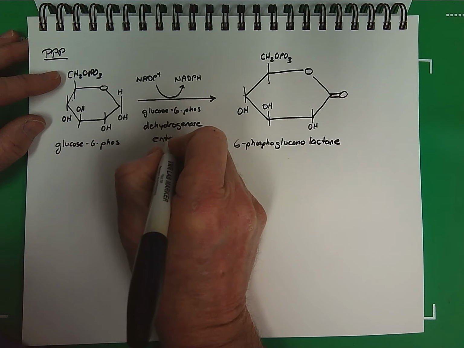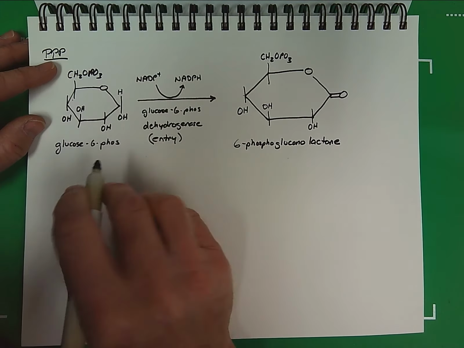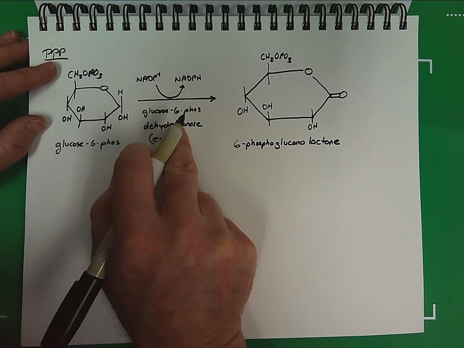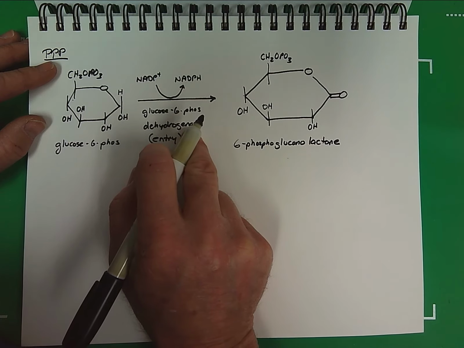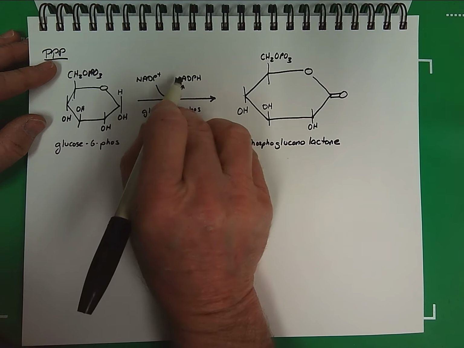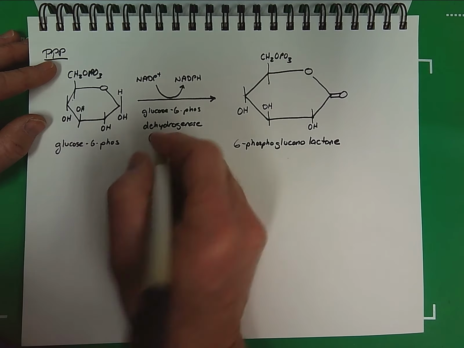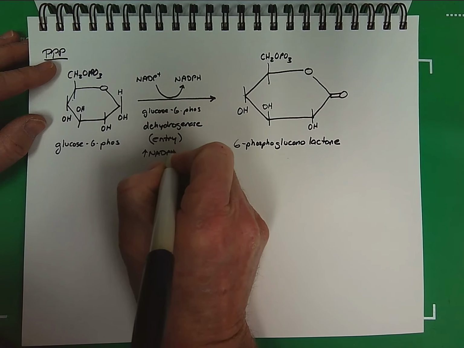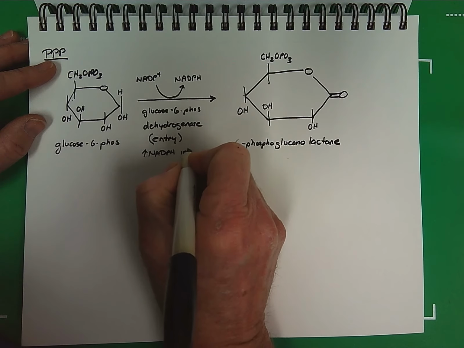So this is the entry step into the pentose phosphate pathway. This enzyme, glucose 6-phosphate dehydrogenase, is the regulated enzyme to control entry into this pathway, and it is controlled by NADPH. So high levels of NADPH will inhibit this enzyme.